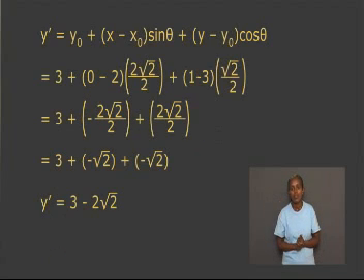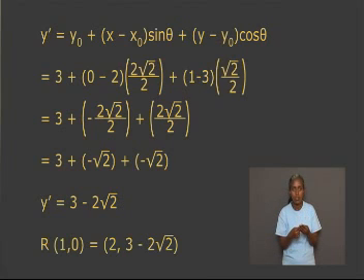By a similar calculation, we find that y prime is 3 minus 2 times the square root of 2. Therefore, the coordinates of the point's image are 2 and 3 minus 2 times the square root of 2. We have learned how to calculate rotation around an arbitrary point.